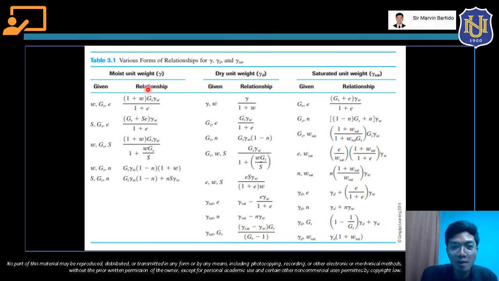Ito yung formula para dun sa moist unit weight. So, kung ito naman yung mga kailangang relationship, so ito yung formula. Kung ito naman, ito. But, I don't think naman na kailangan mo i-memorize ito lahat, class, ha? So, ito nilista lang dito para lang makita mo yung iba't ibang relationship, no? For gamma dry, for gamma sat. Okay?